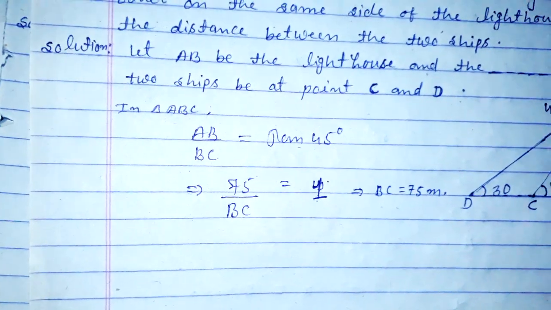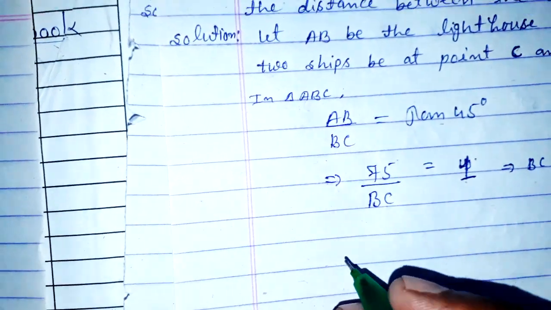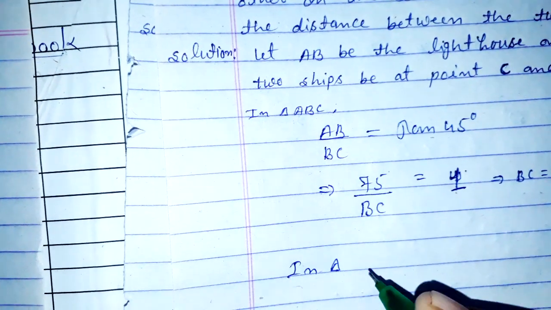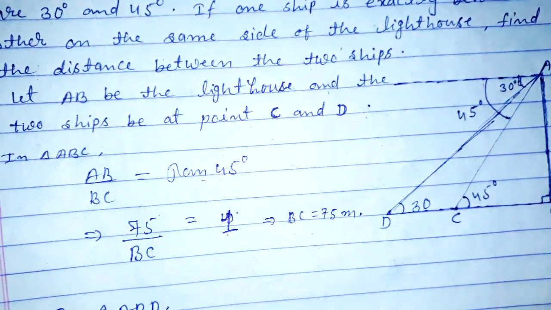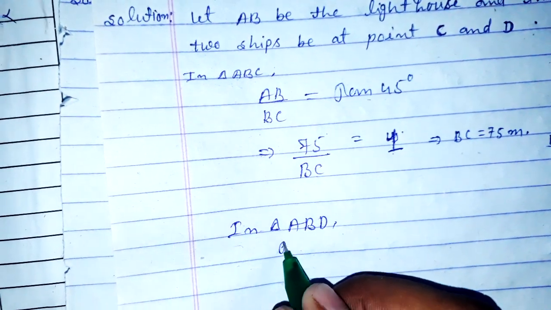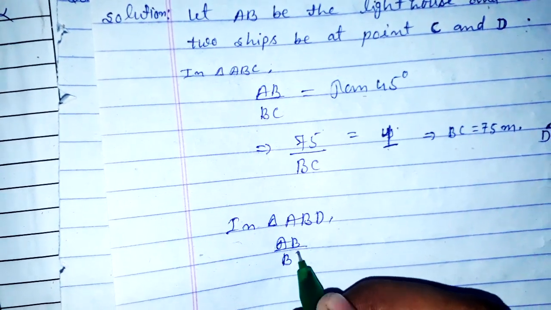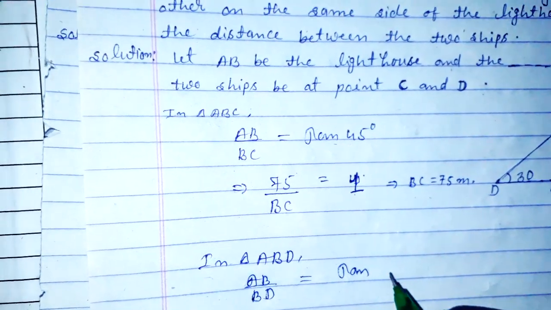Again take the complete triangle ABD. In triangle ABD, take the ratio AB upon BD. AB upon BD is equal to tan 30 degrees.